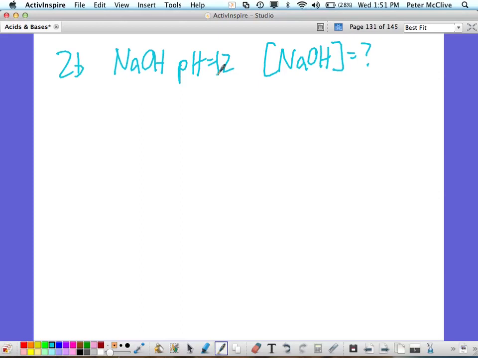Now, it's assuming that we've just got the hydrogen ions, okay, so we're working with that idea. So 12 equals minus log of the hydrogen ions. We've got to turn that around and take the inverse. What do we press?